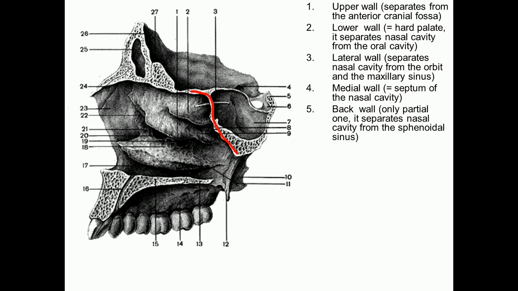Choana. We know that there are two choanae. Usually we can see them from the back, but now we can see them in the cutting plane.